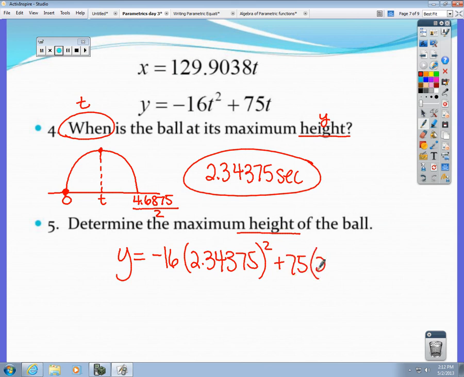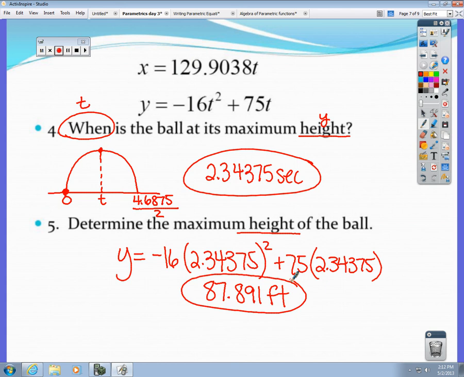So we plug in the value for t that we got in number 4, and we simplify. And when you put that in your calculator, you should come out with 87.891 feet. That is the maximum height.